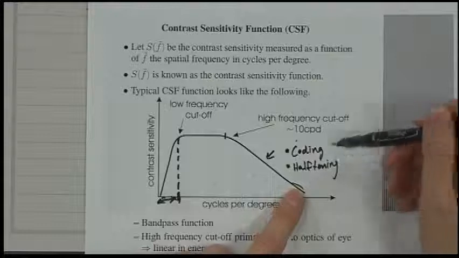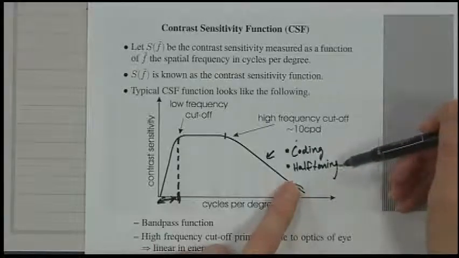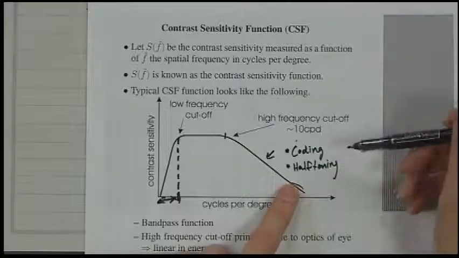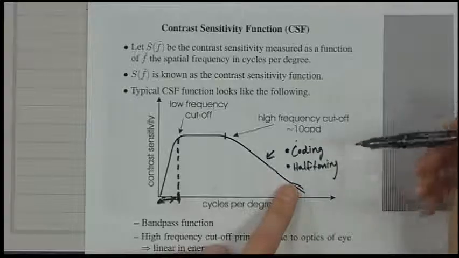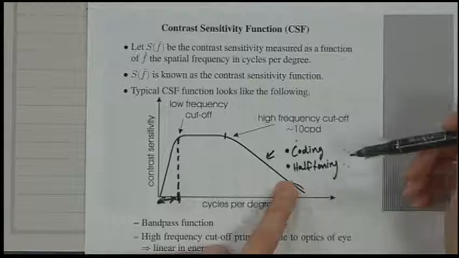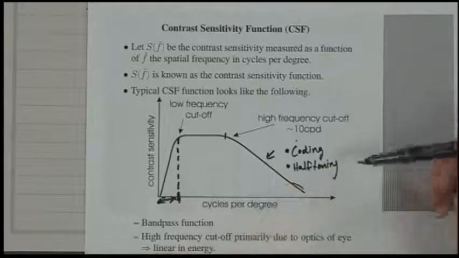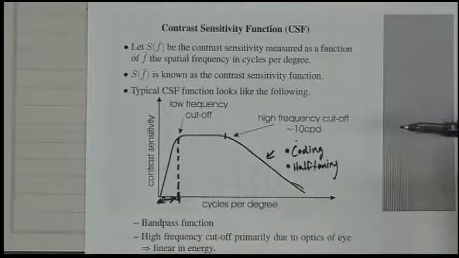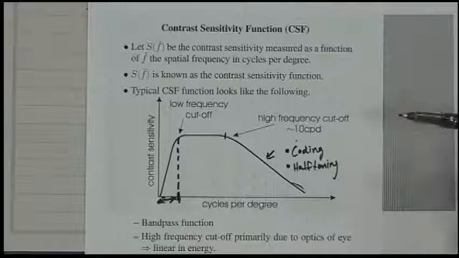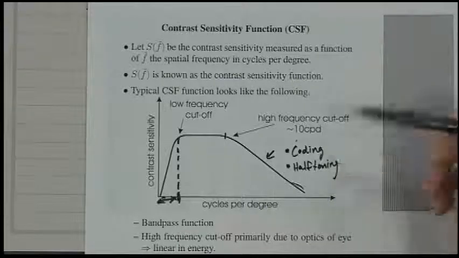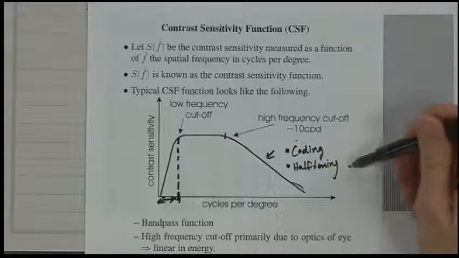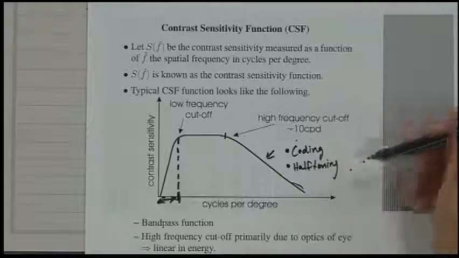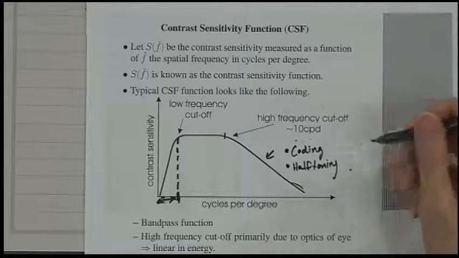If you're not familiar with it, halftoning is an application where you represent gray levels with some rendering device that can only output black and white. A printer is an example of something like that. With an inkjet printer, at a particular point in an image, it can either produce a dot of ink or not. It can't produce those subtle gray levels.